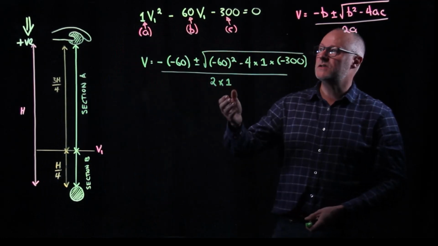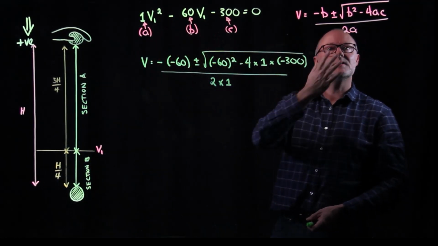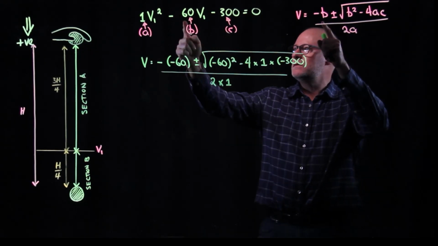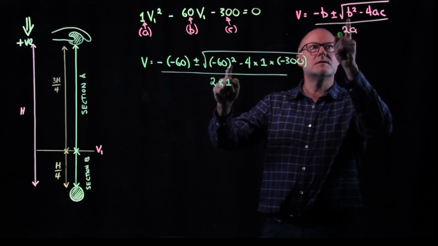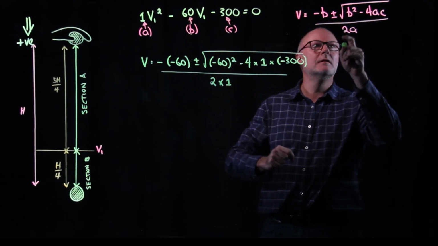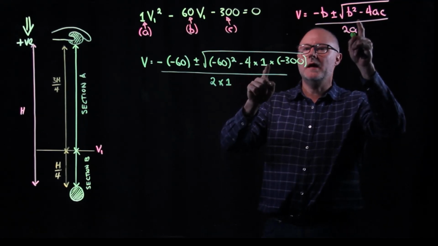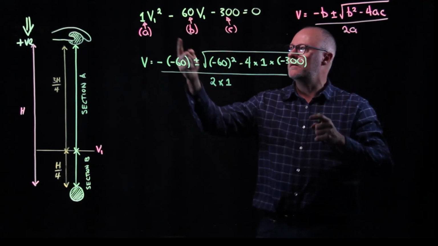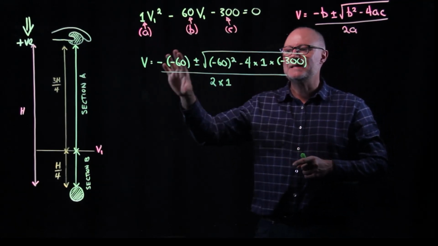So here's the first stage, subbing in all our coefficients a, b and c into our quadratic equation. Negative b, and b was minus 60, plus or minus the square root of b squared, negative 60 squared, take away 4 times a times c, which was negative 300, all divided by 2 times a, which was 1. Let's now simplify that.